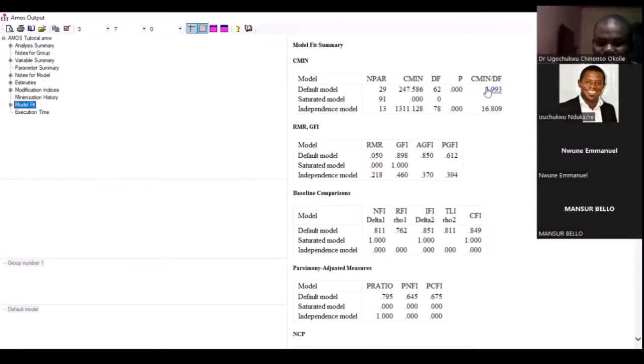This is the chi-square divided by the degrees of freedom. The CMIN is the chi-square value, and the degree of freedom is 62. When you divide this value of chi-square by this 62, you get this. And according to the previous scale that I have shared, okay, let me show you now.